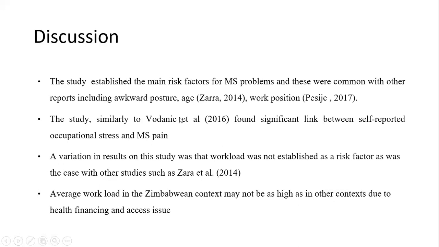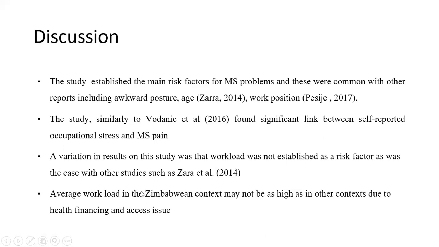Then in terms of the risk factors, you will note that they were fairly in common with other studies. Things like awkward posture, weight position, and links between self-reported occupational stress and musculoskeletal pain are in common with other studies. However, in this case, we did not establish workload as a risk factor.